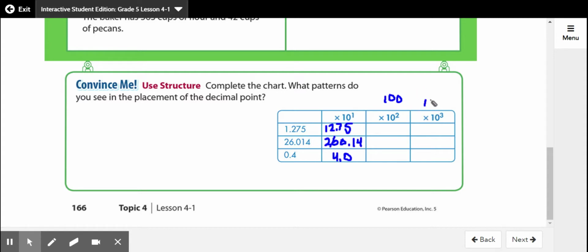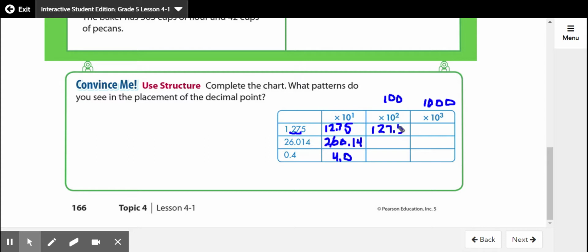What about 10 to the third power? 3 zeros. So we're actually using the pattern of zeros to show us how many spaces to the right we're going to move. So if I move it over 2 times, we go 1, 2. So that would be 127.5.